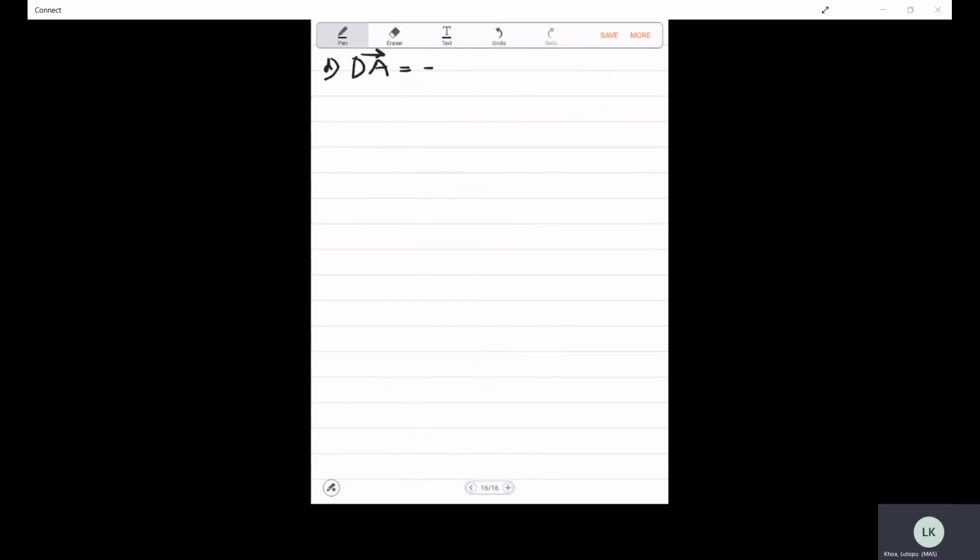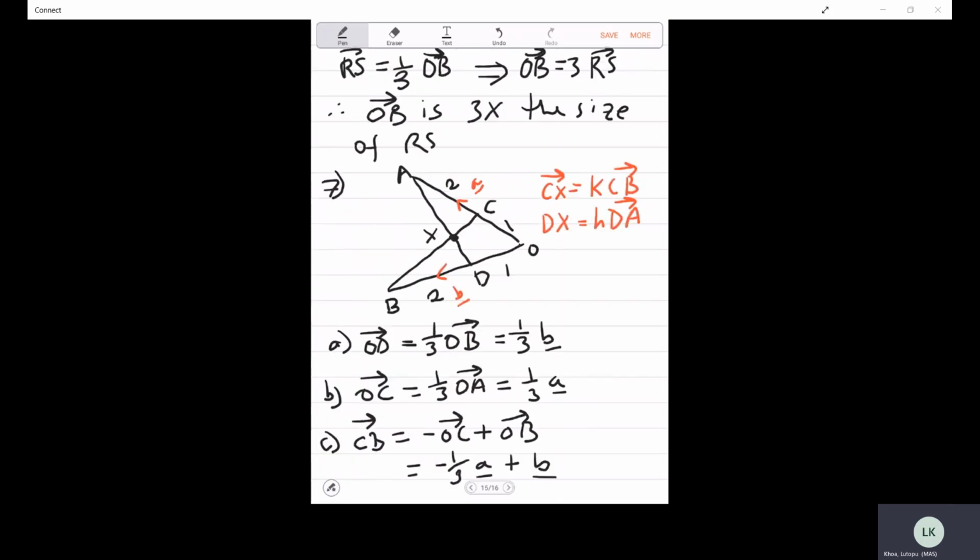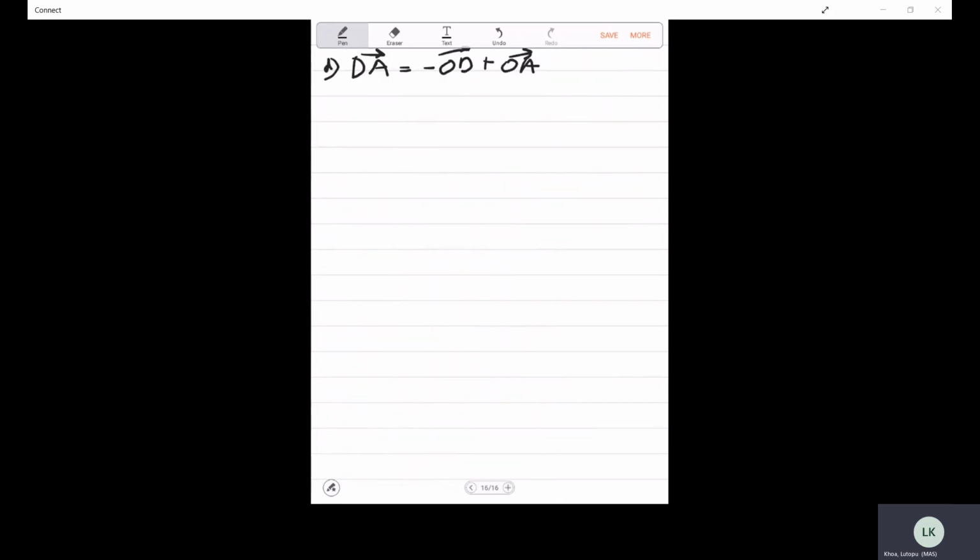So this is negative OD plus OA. Now OD, we worked it out, it was the first one, so we said it's a third B, so we'll have a negative third B, and then OA is just equal to A. So I'm just writing the A first, but you can stop at the previous step, that's also fine.